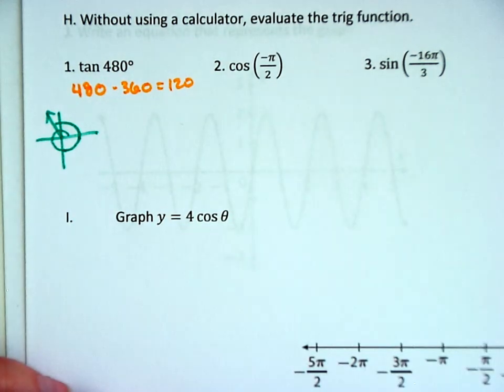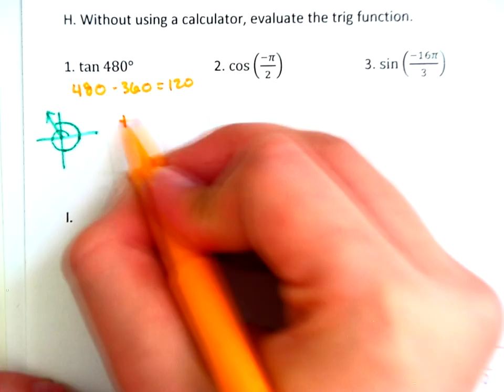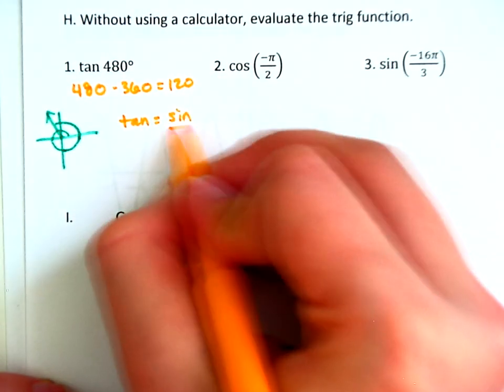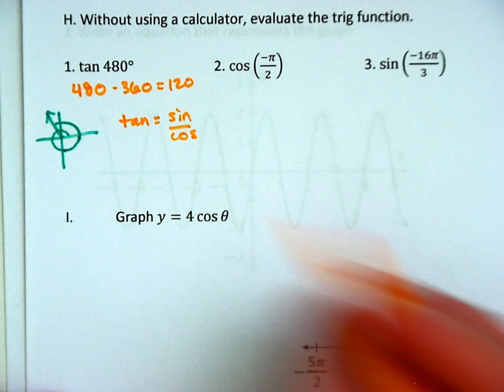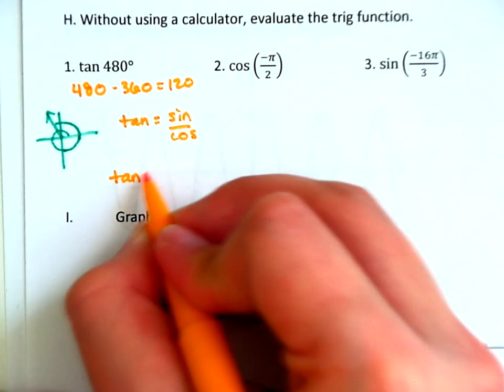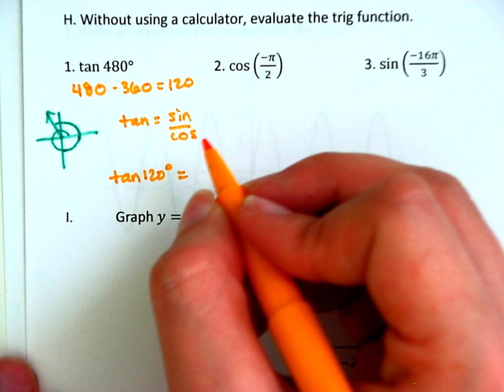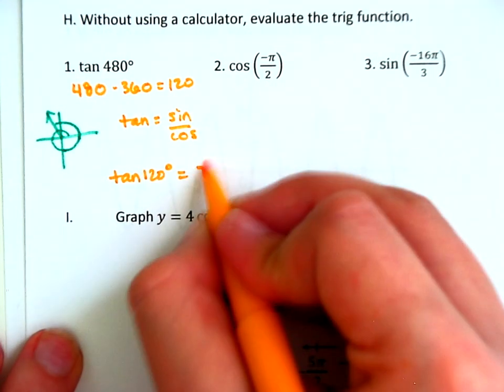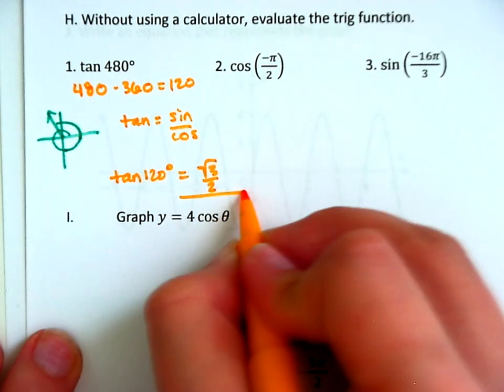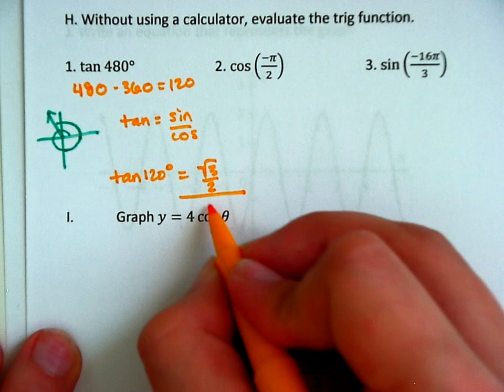So tangent 120, well, I know what sine and cosine are. So remember, tangent is sine over cosine. So tangent of 120, well, sine of 120 is root 3 over 2, and cosine is negative 1/2.